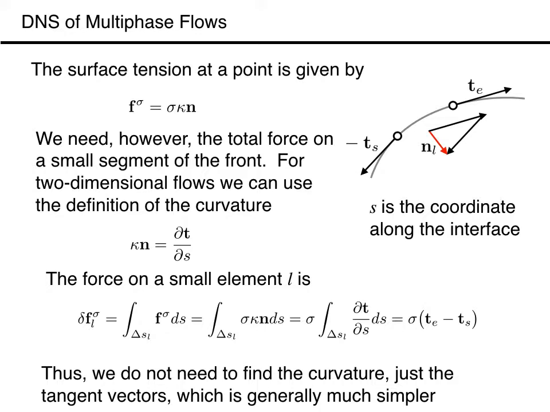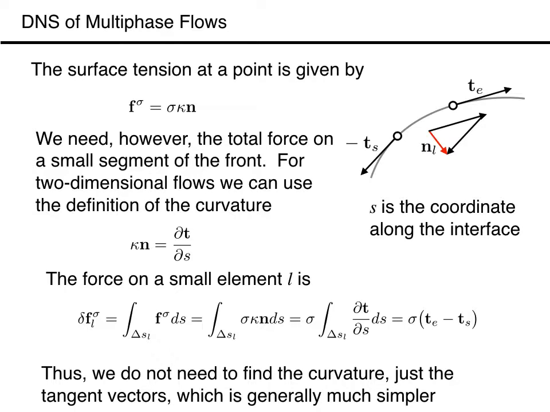The integral over the curvature times the normal over the interface segment delta s is, if sigma is constant, exactly equal to the difference in the pull on either edge times the surface tension coefficient, or the surface tension coefficient times the difference between the tangent at the edges. Thus, we only need to find tangents to the interface and not the curvature, which simplifies the computations considerably.